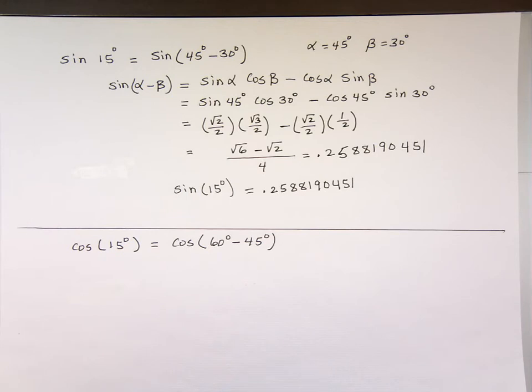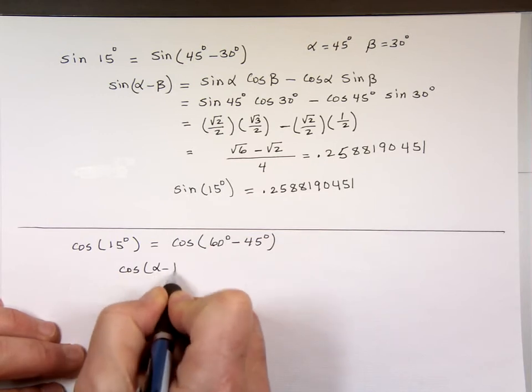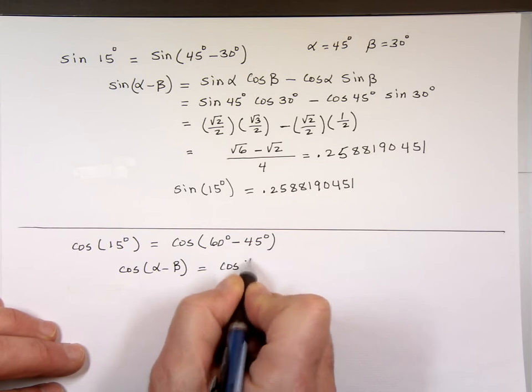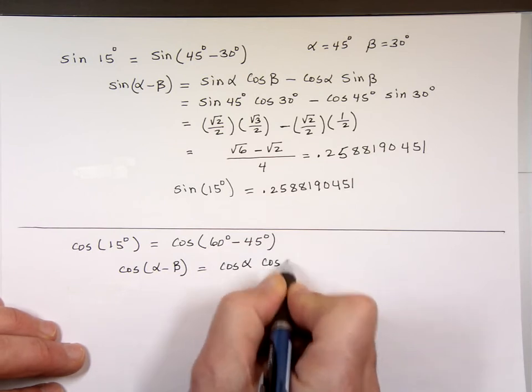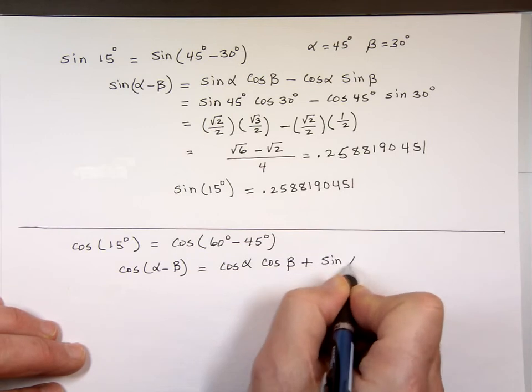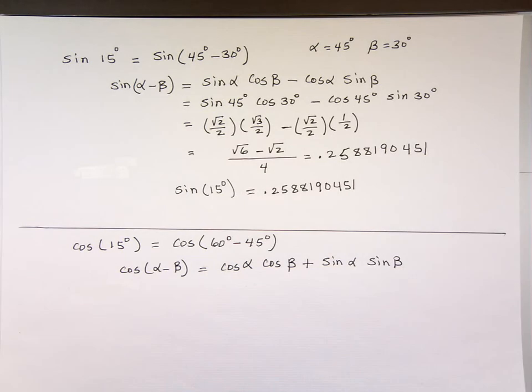So what's the cosine of 60 minus 45? Well, again, I have to use cosine alpha minus beta, which is cosine alpha, cosine beta, and this will be a plus sine of alpha, sine of beta. What is alpha in this example? Anyone?